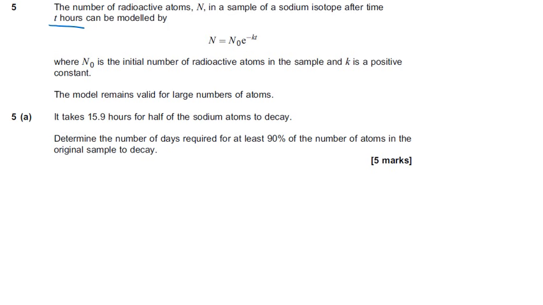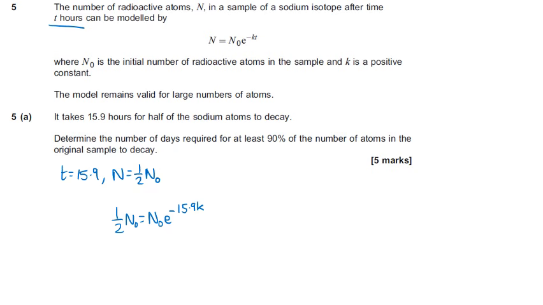So first of all, it takes 15.9 hours for half of the sodium atoms to decay. So what that means is that when t is equal to 15.9, n is equal to a half of the original, so a half n0. So if we put all of that into the equation, we get a half n0 equals n0 e to the minus 15.9k.